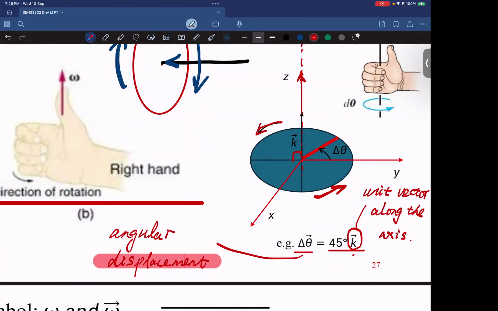If it is negative 45° k, that is also possible. Negative k means it rotates in the opposite direction, clockwise. So we can use positive or negative to indicate counterclockwise and clockwise.